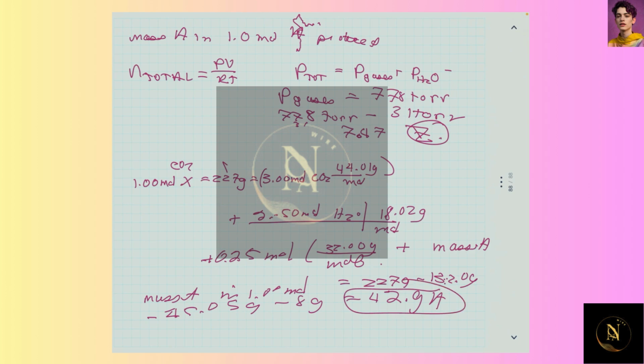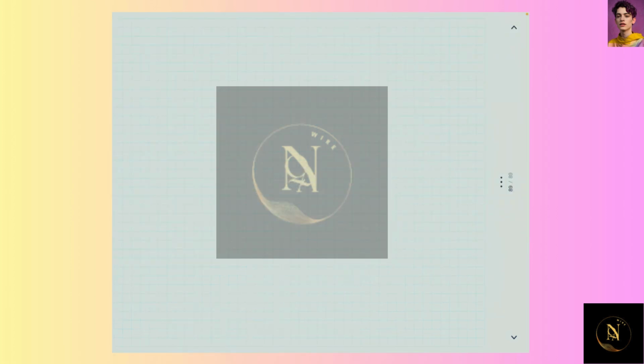Then we're going to find moles of gas produced, so n total equals PV over RT. P total equals the pressure of all gases. That will be 747 torr divided by 760 torr over 1 atm.